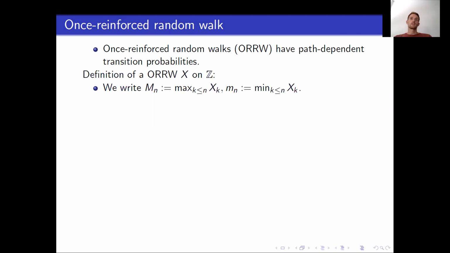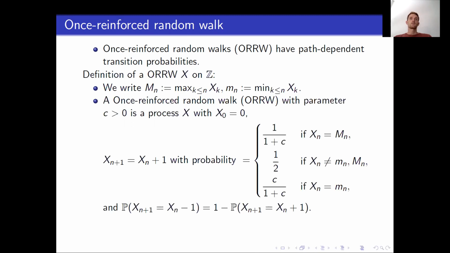First we write capital M for the running maximum and lower m for the running minimum of the process. And then we can define once reinforced random walk. We have a parameter c, non-negative. We start in 0, and then we have transition probabilities.